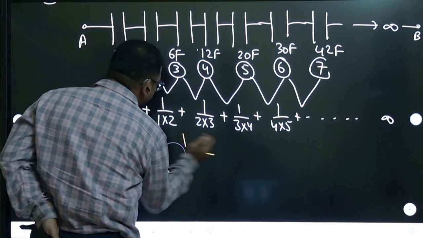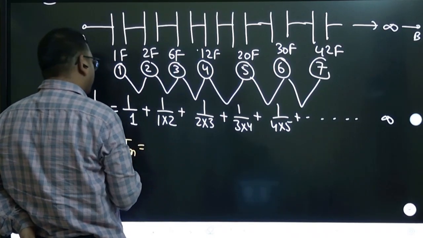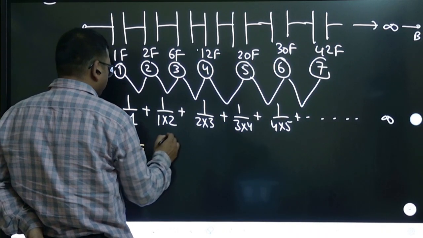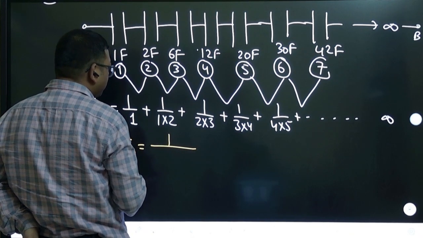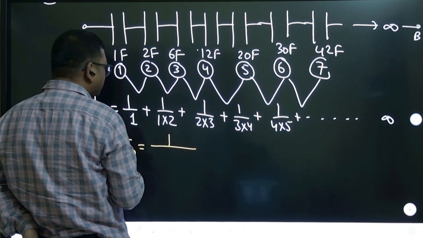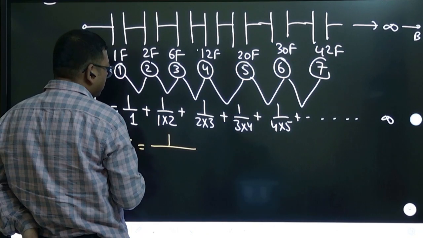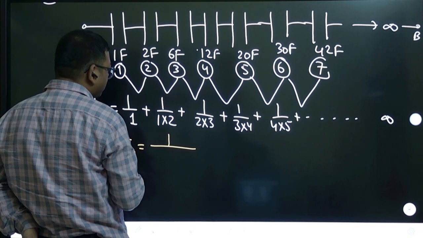Some pattern will come definitely. Without that we cannot solve. What will be that pattern? Definitely it is not geometric progression. It is not arithmetic progression.